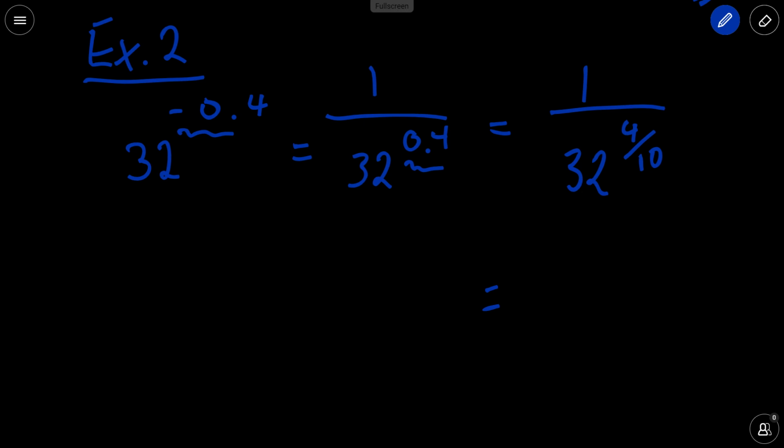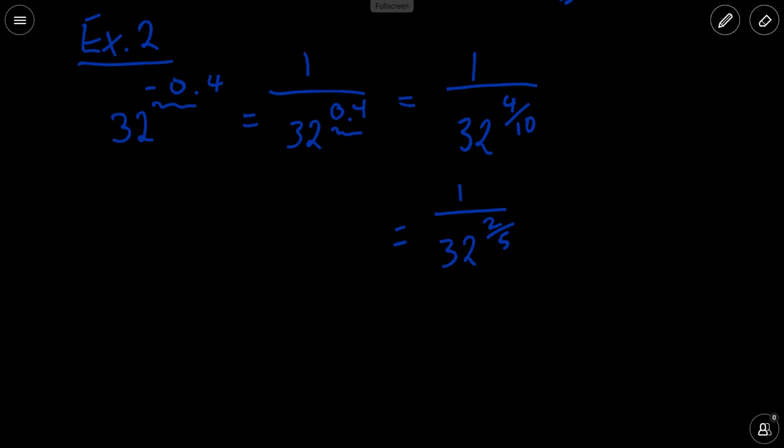We can rewrite this as 1 over 32 to the power of 4 over 10, which can be simplified to 2 over 5. You divide both 4 and 10 by 2. And after that, we continue doing our funny little taking the root business.